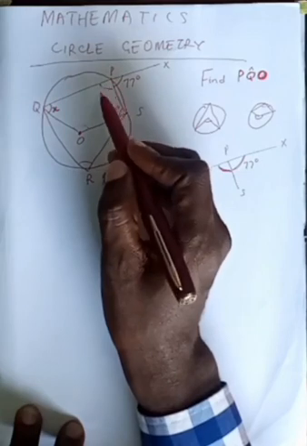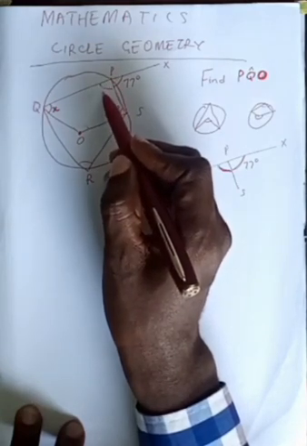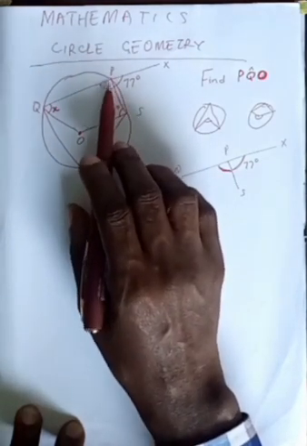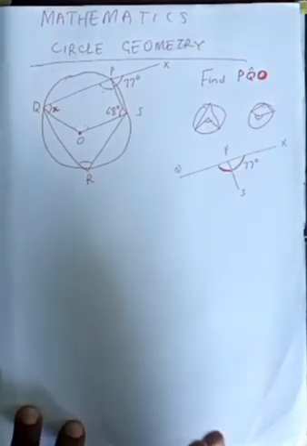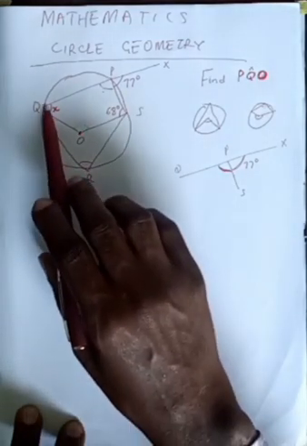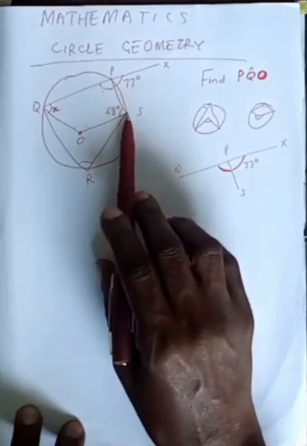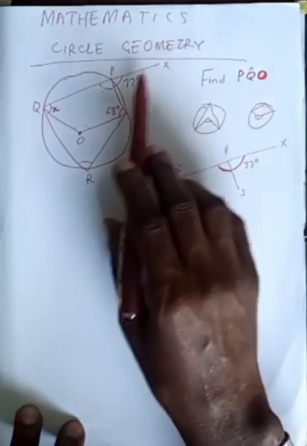So this place can be named as angle P. If we want to name it properly, the best way to name it is to call this place QPS plus XPQ.